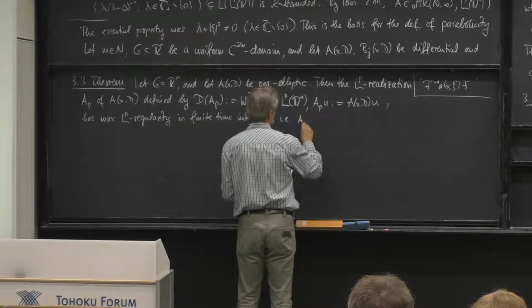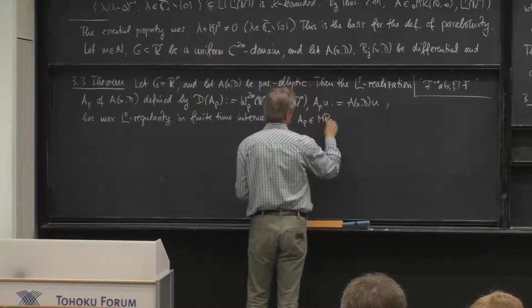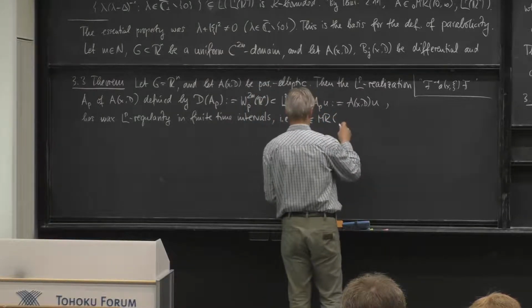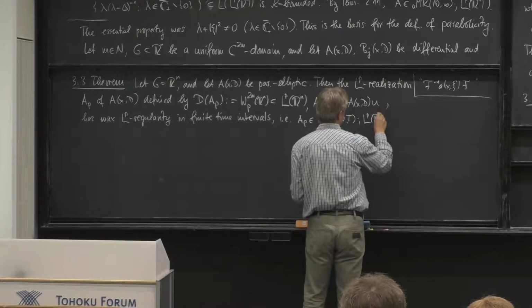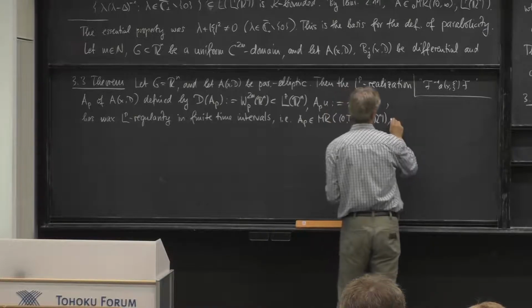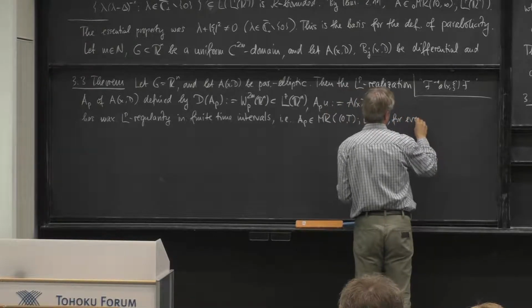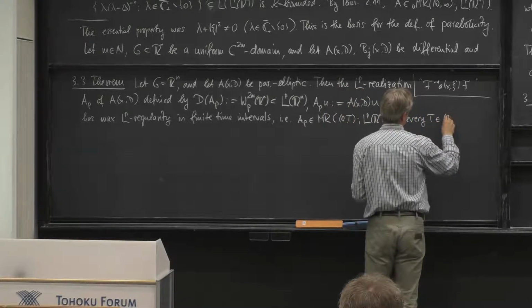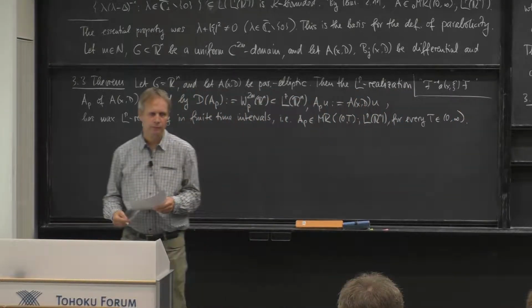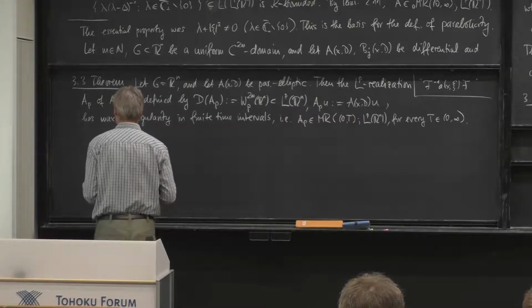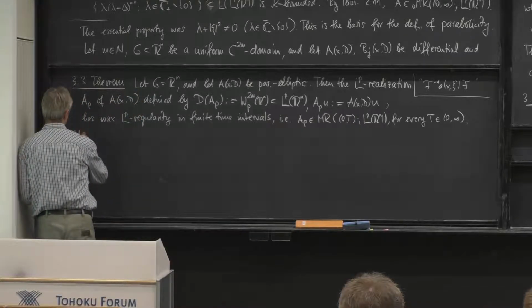So A_p is in the maximal regularity class for (0,T), in Lp of Rn, for every T in (0, infinity). Okay, and the idea of proof.